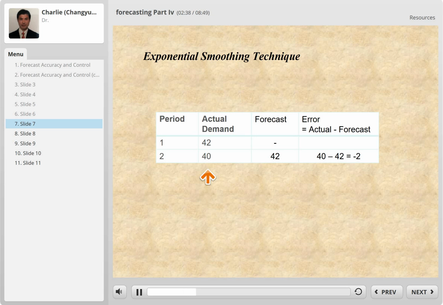Now, period 1 passed, period 2 passed as well. We have the actual demand for period 2, which is 40. The forecasted demand for period 2 was 42. The error equals actual minus forecast, which is 40 minus 42 equals negative 2.